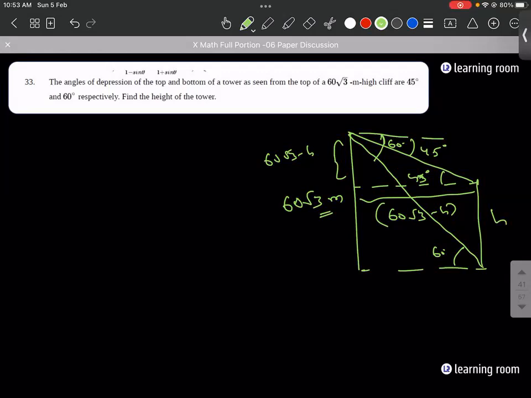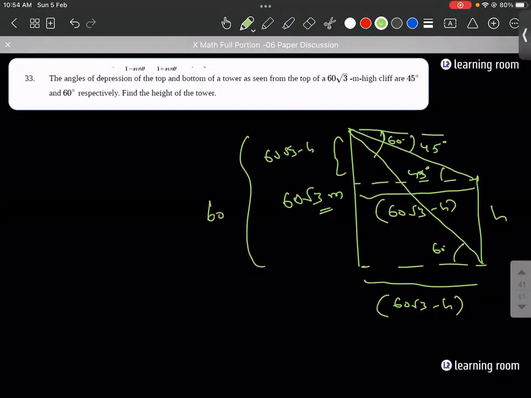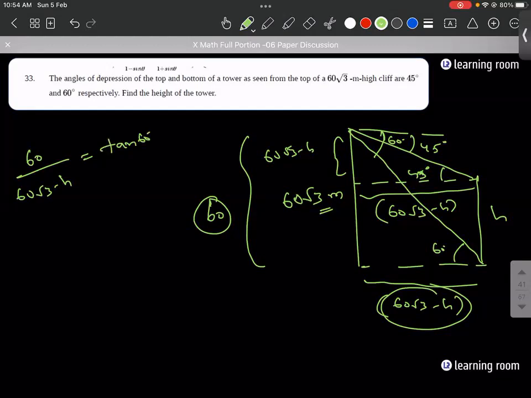Then find the height of the tower. How to solve? This total height is 60√3. So 60√3 divided by 60√3 minus h is equal to tan 60, which is √3.